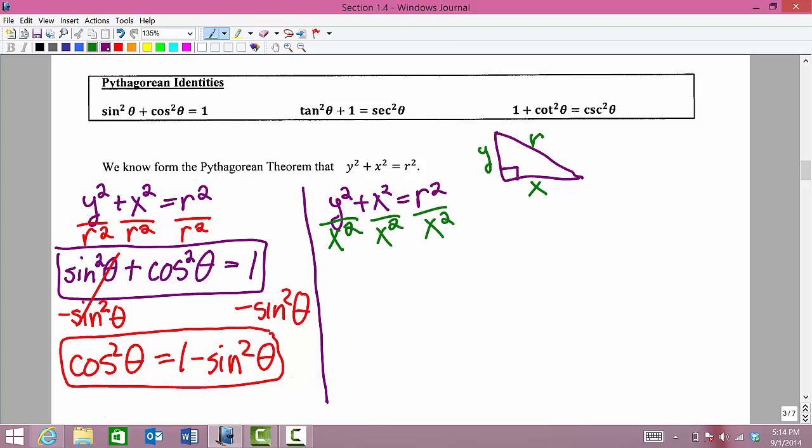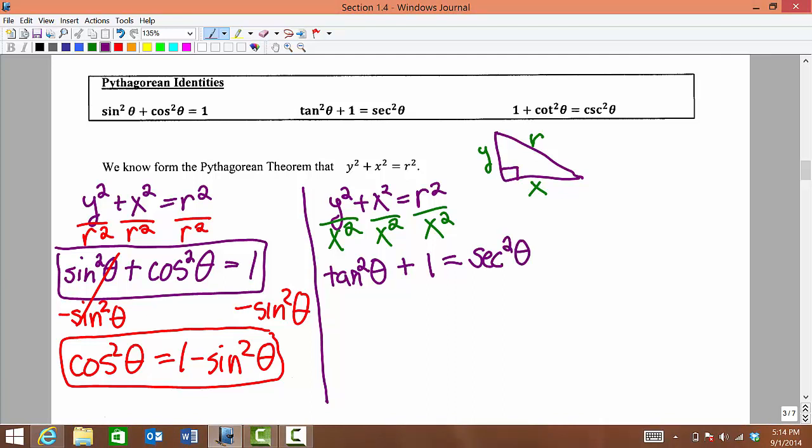Alright, so if I do that, y divided by x is tangent, and they're both squared, so that would be tangent squared theta. Plus x squared divided by itself would be 1 is equal to r divided by x is secant, and since they're both squared, that would be secant squared theta.